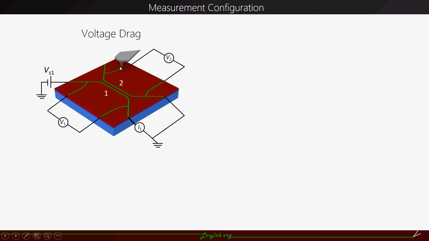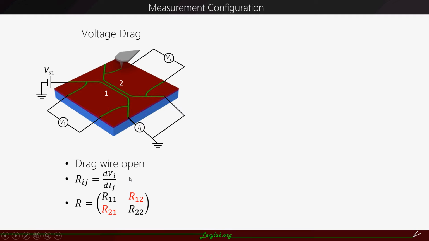We can measure the induced voltage V2 in wire 2, which is the drag wire, if the drag wire is open, and we can measure the 4-terminal voltage V1 in wire 1. The corresponding resistance is given by this equation. For example, in this configuration, R21 is the drag resistance and R11 is the 4-terminal resistance for wire 1.